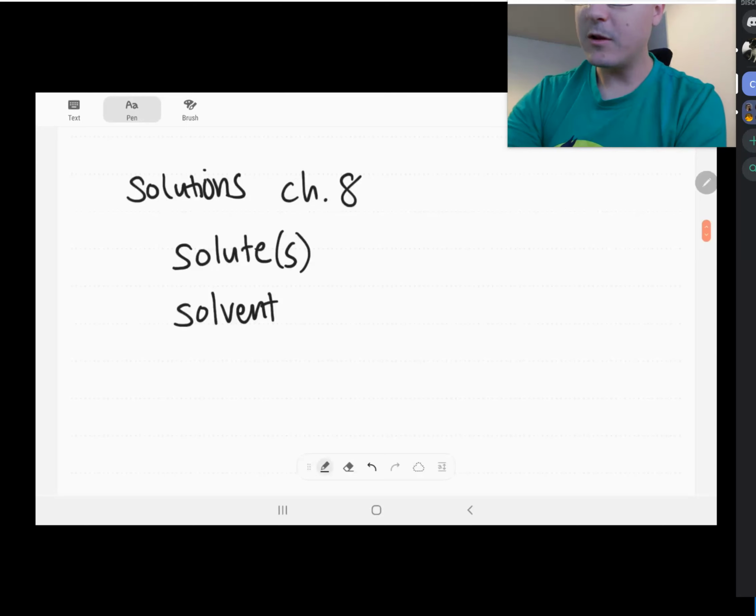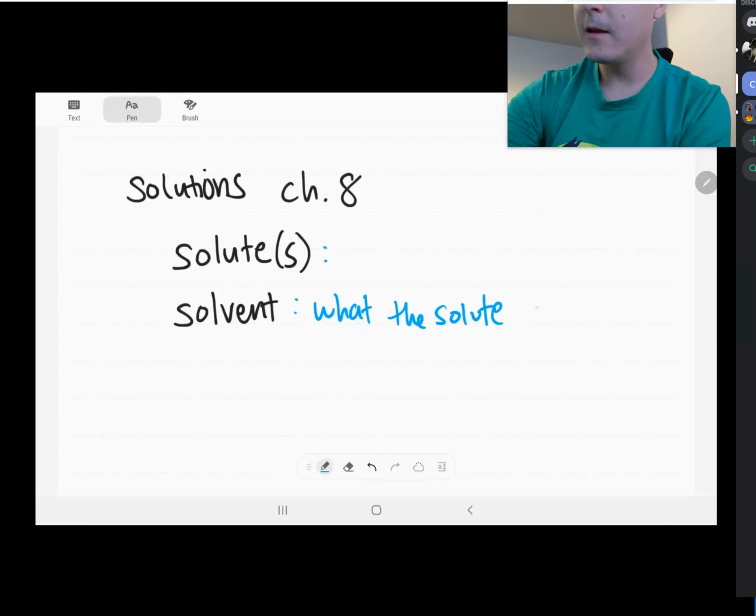For example, if we're going to figure out what these are going to be, the solvent is what the solute is dissolved in, and the solute is what is being dissolved.